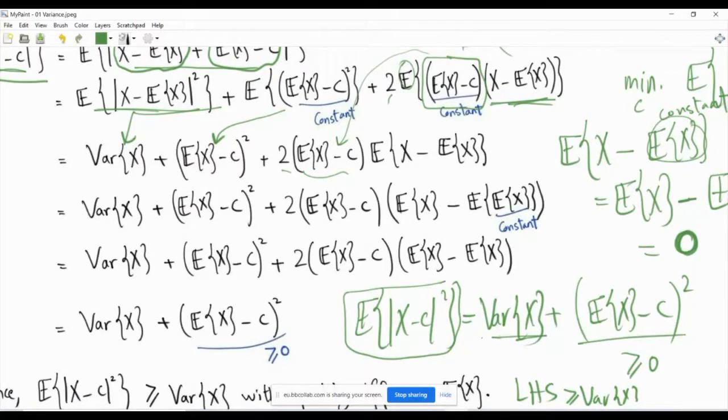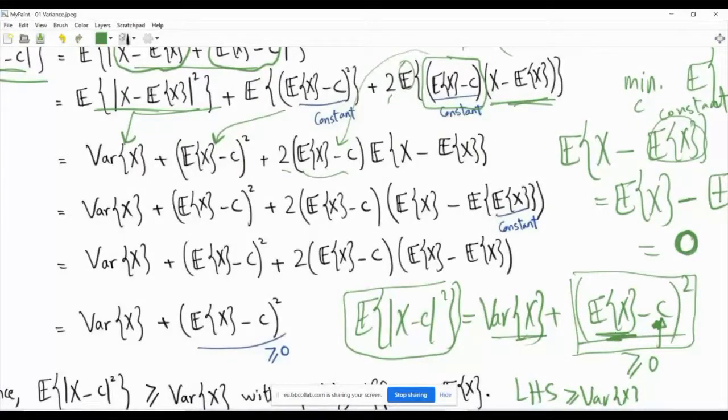It is equal to the variance of x if and only if this extra non-negative term is 0. And this term is 0 if and only if you choose c, this guess, to be equal to the expected value of x.